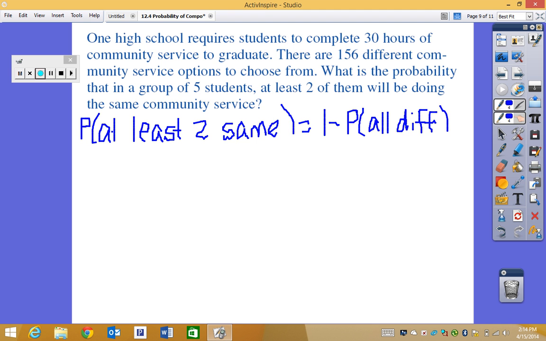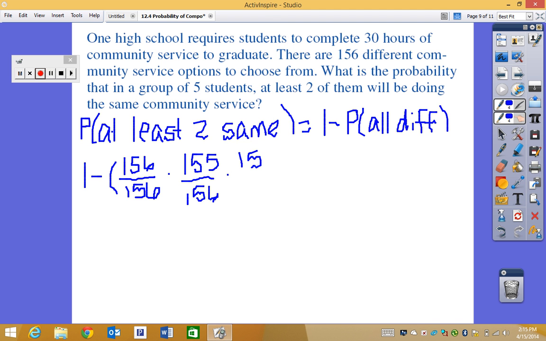And the way that we do that is we take 1 minus, so we have 156 different community services out of 156 choices. And then for the next student, there would be 155 to pick from out of the 156, then 154 to pick from the 156, and 153 of them to pick from the 156, and 152 over 156.